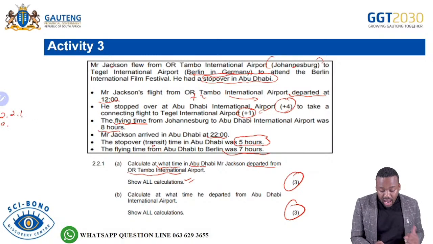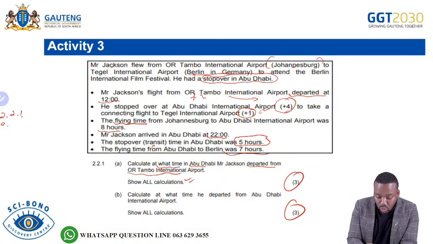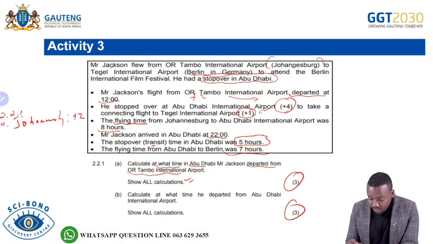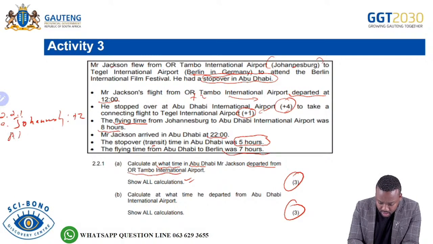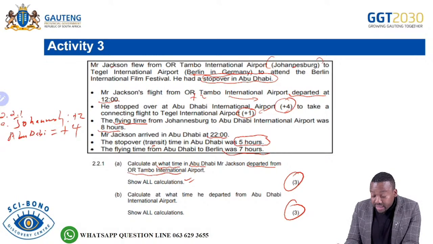The first step, identify what? The time zone. So what are you going to write there? Johannesburg. Where is it? It's on plus 2. Abu Dhabi. Abu Dhabi is on plus 4. There it is. They gave it to us.